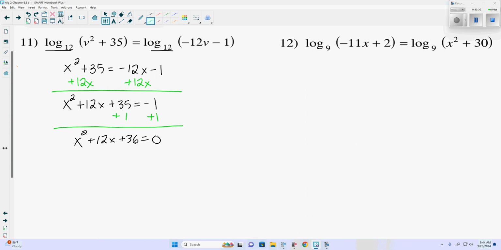X squared plus 12x plus 36 is equal to 0. Questions on how we got to this here?